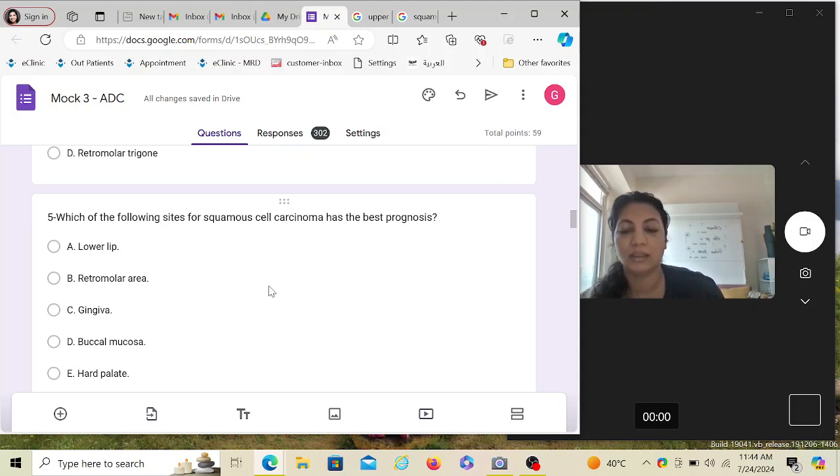Not only that, it's way easier to excise the lesions over the lip than in the rest of the locations because the skin acts as a barrier, but the other locations are just full of connective tissue, and so the cancerous cells can spread very fast. So the best prognosis is the lower lip.